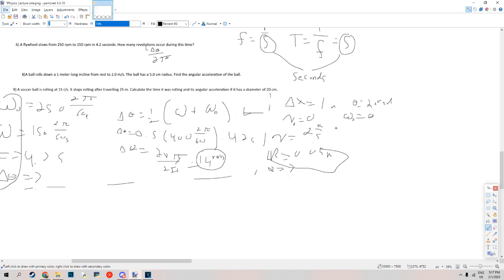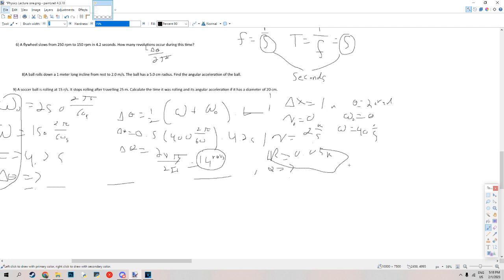Our final angular velocity is 2 over 0.05, that's 40 radians per second. And now we just need to find an equation that has theta, initial and final angular velocity, and alpha.